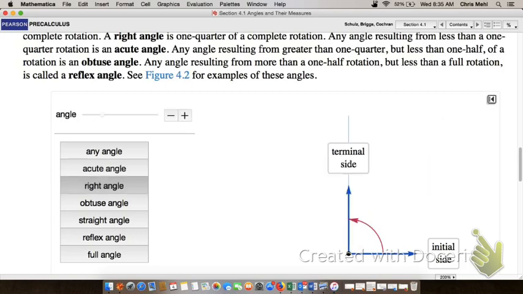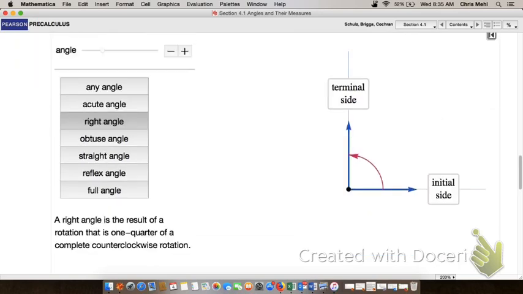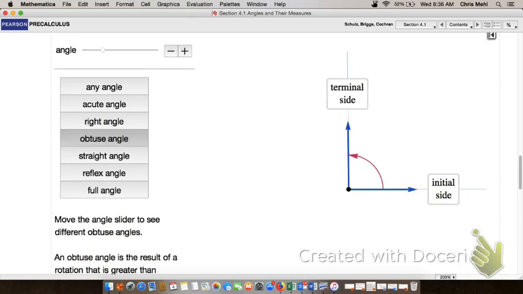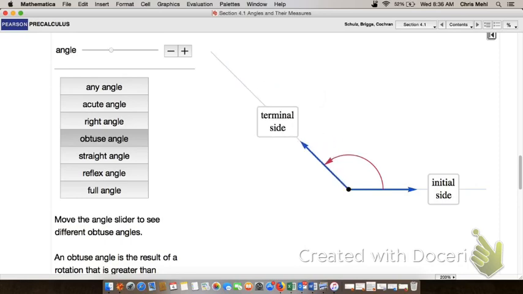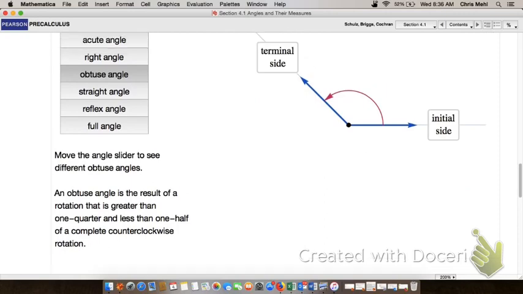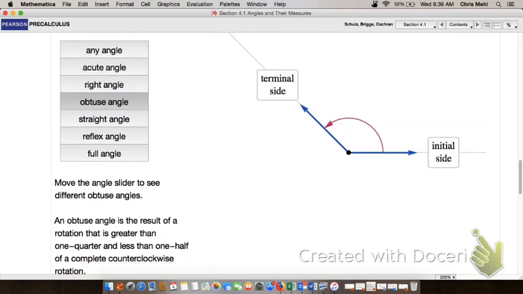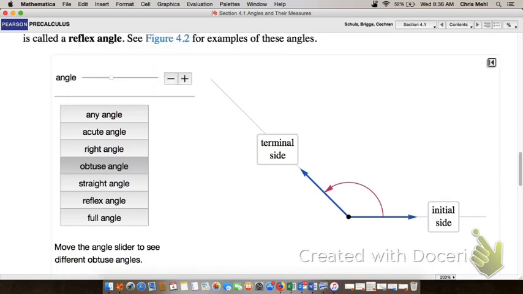You could have a right angle, and that's one that results in 1/4 of a complete counterclockwise rotation, and we'll see later that right angles are ones formed by rotating by 90 degrees or pi over 4. An obtuse angle is one where you've rotated more than a quarter and less than a half of a complete counterclockwise rotation.